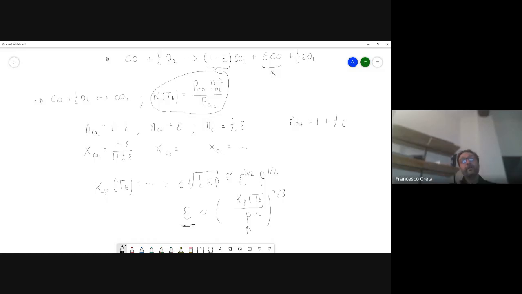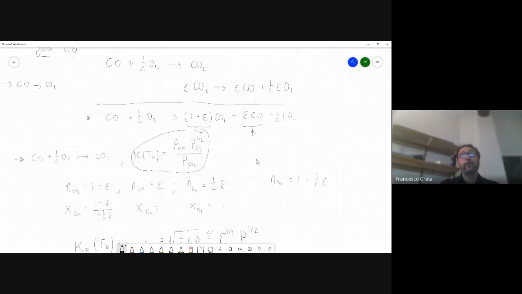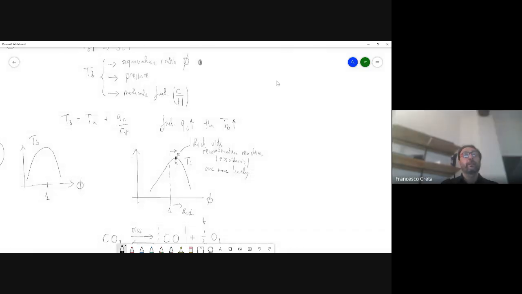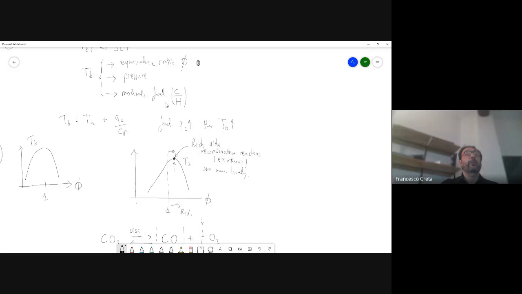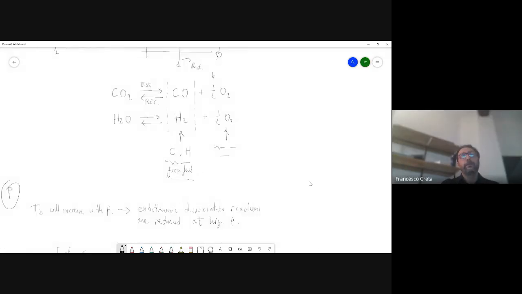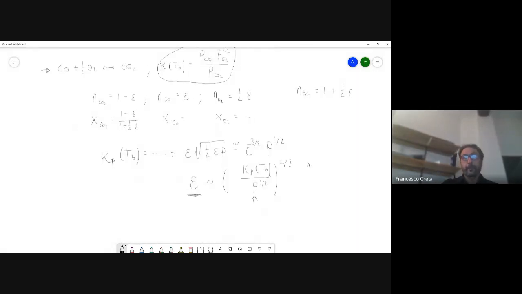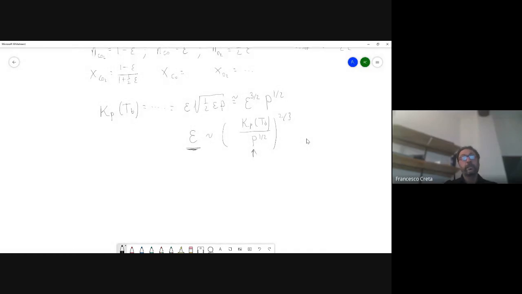There are some obvious direct ways and some not so obvious indirect ways. I will skip the third and final dependence, which is the molecule of the fuel and the ratio C over H, but you can find it in the notes. It's not too difficult to understand.